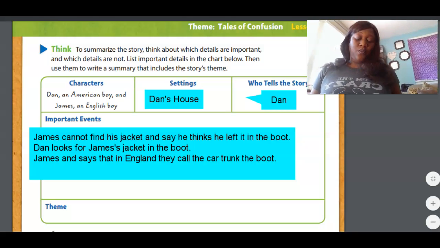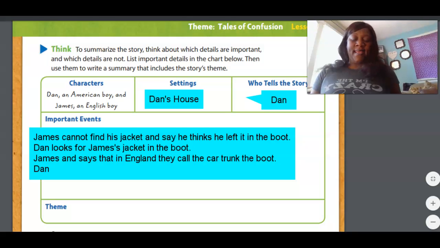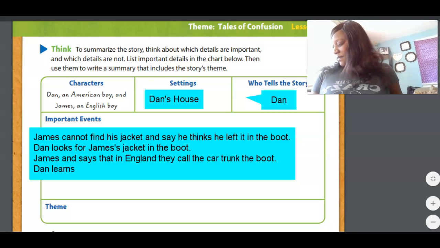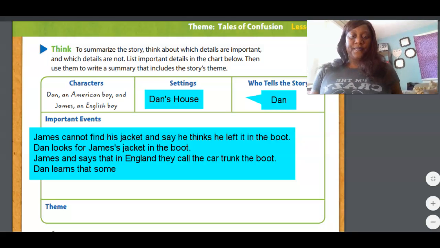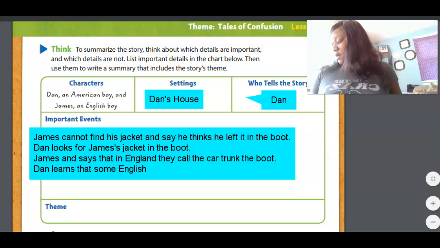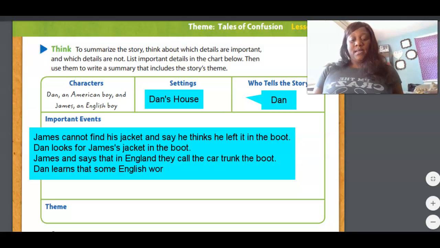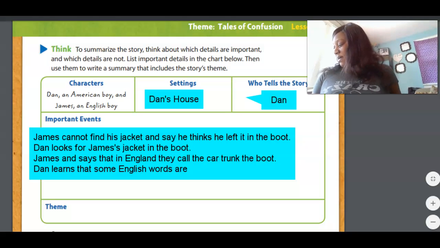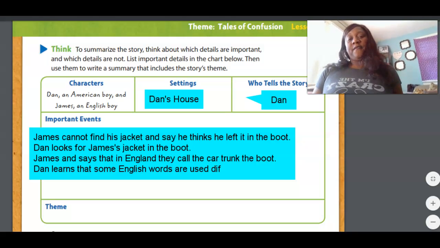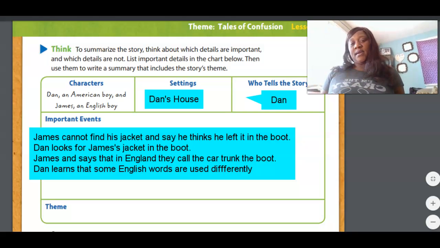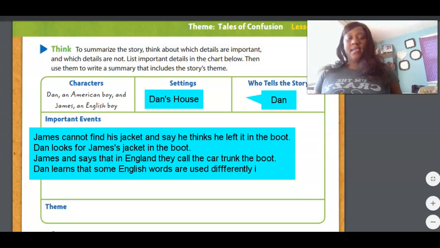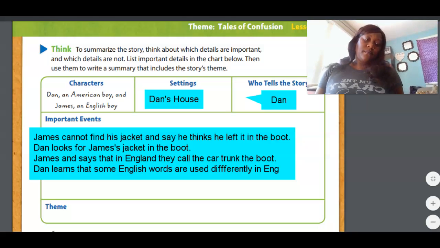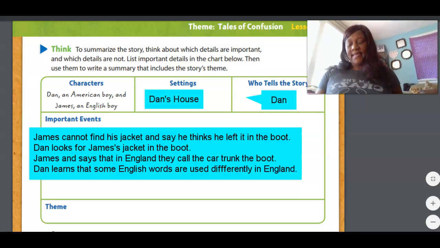And at the very end, we understand that Dan learns that some English words are used differently. Some English words are used differently in where? In England. Yes.